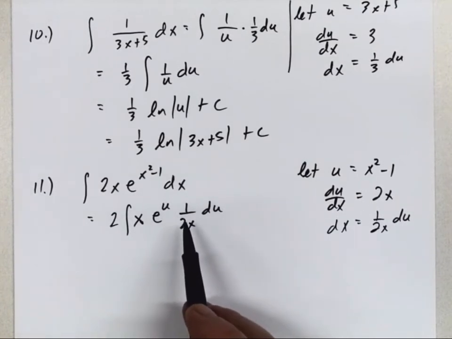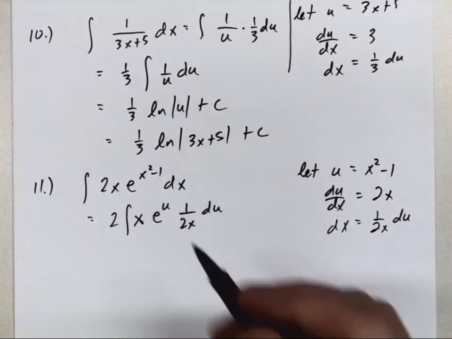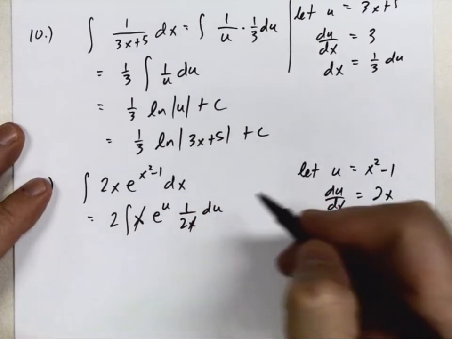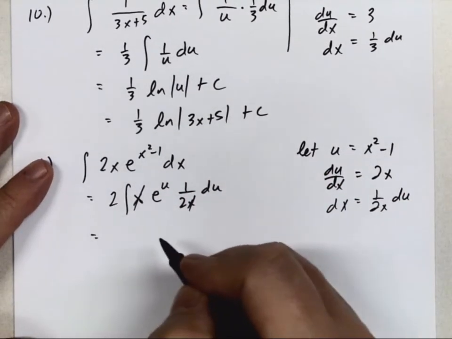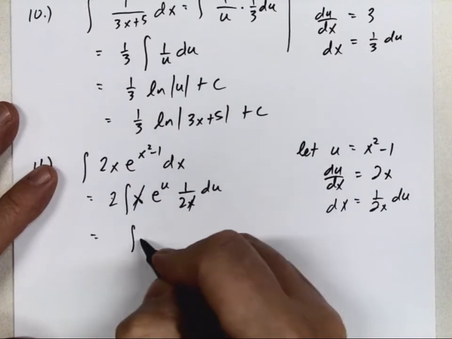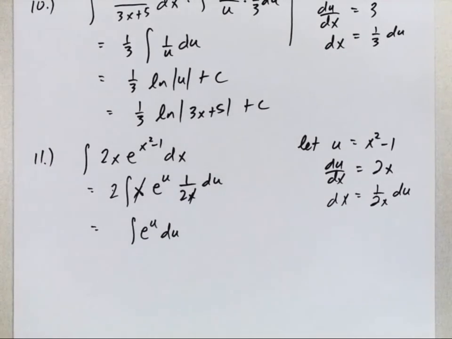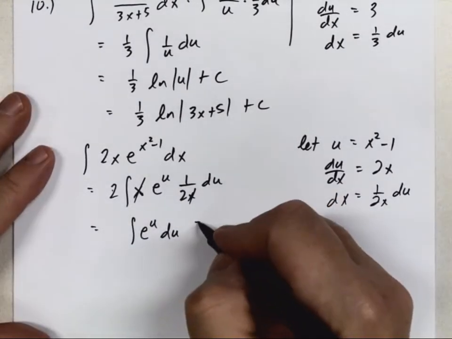So initially, this looks sort of messy because I have x's and u's together, which I don't want. But here's what happens with substitution. If it works correctly, you notice I got an x here and an x in the denominator. They cancel out. So I got 2 times 1/2, those actually cancel out. By the time the dust settles, I've got e to the u du, so the x's do disappear. And I know how to integrate this.